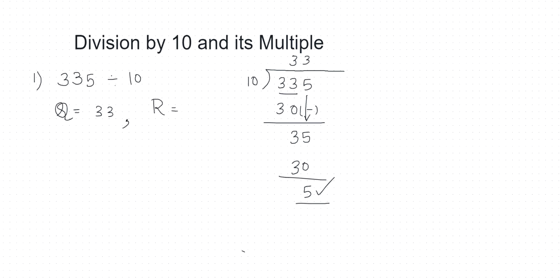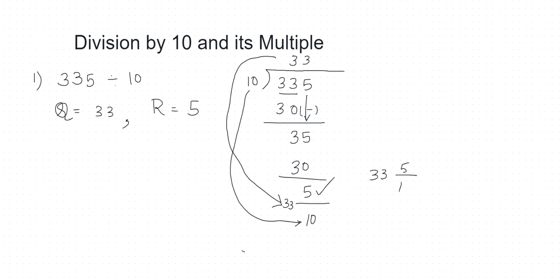This can be written as a mixed fraction also, where you bring the quotient to the front and the divisor will always be at the bottom. So this is nothing but 33 and 5 by 10.